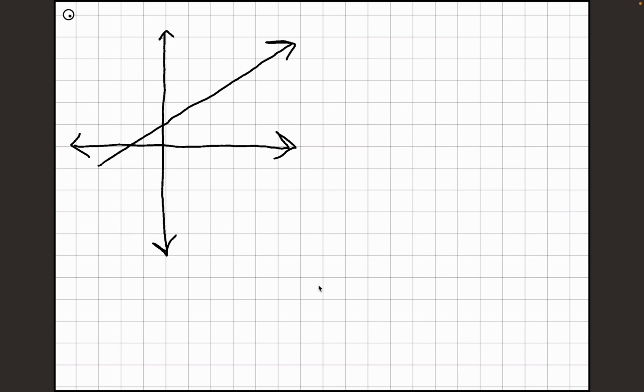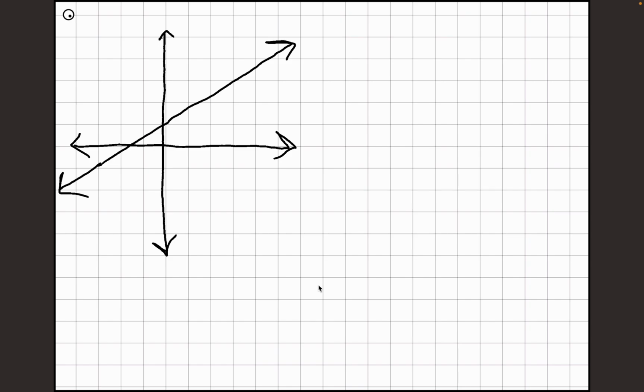What we need to do, based on this line, is put it into our slope-intercept form. So the first thing we need to recognize is that we need to find our slope based on this line, and we need to find our b. So where exactly is it crossing our y-intercept?